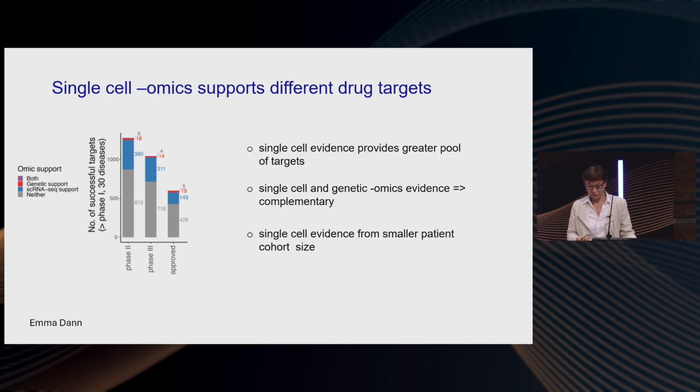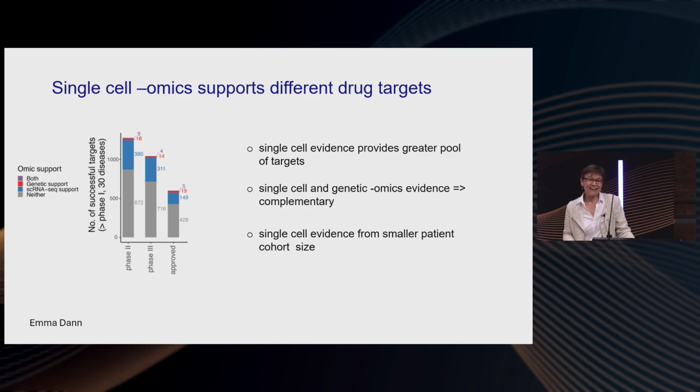In this case, for phase 2, there were 18. And compare that to the number of genes for which there's single-cell omics support, which were over 300. So you have a much bigger space in which to search. And importantly, the overlap between genetic evidence and single-cell evidence is actually quite small. That's shown by the purple bars at the top. And so really these two technologies are complementary and therefore will hopefully really help.